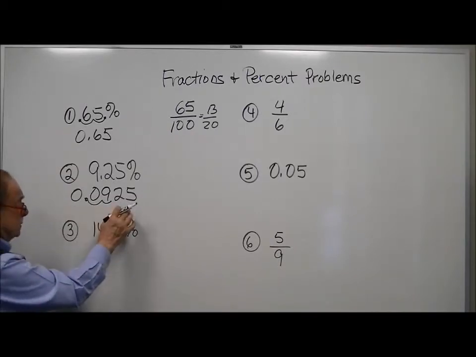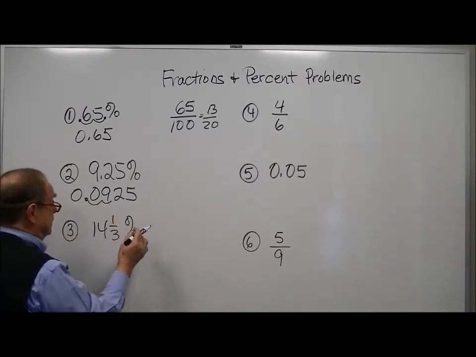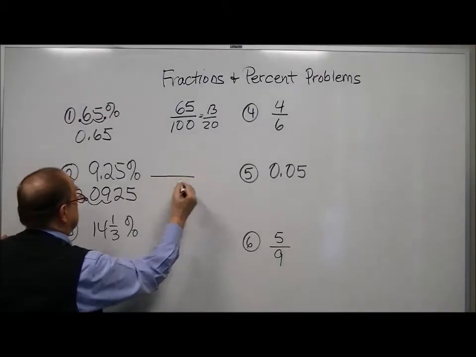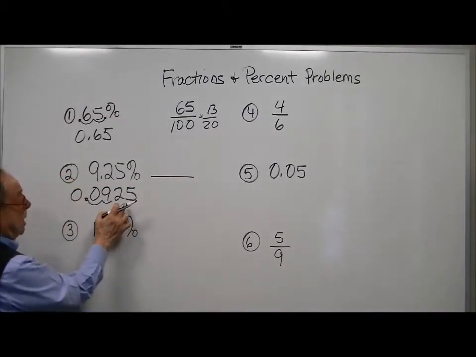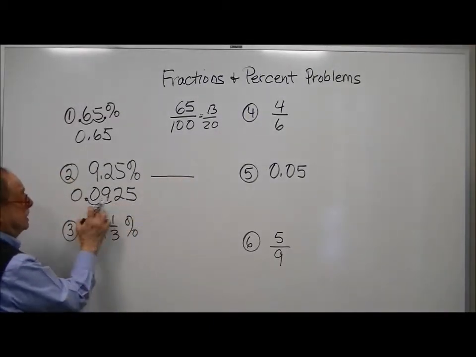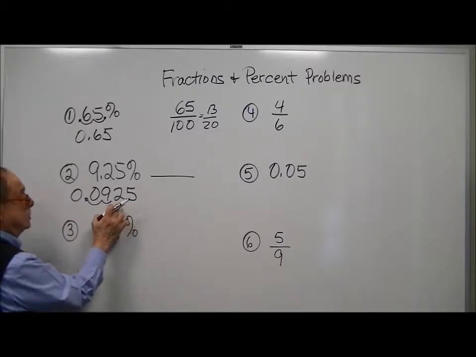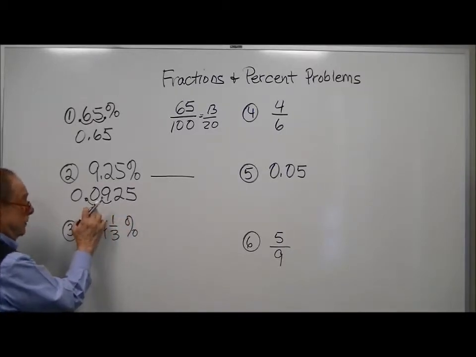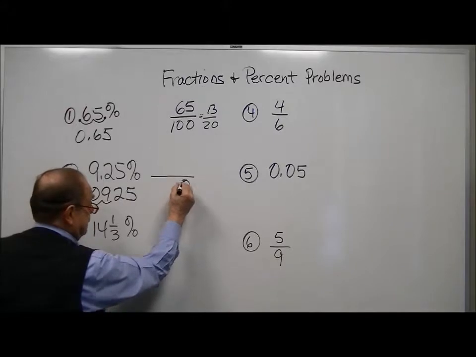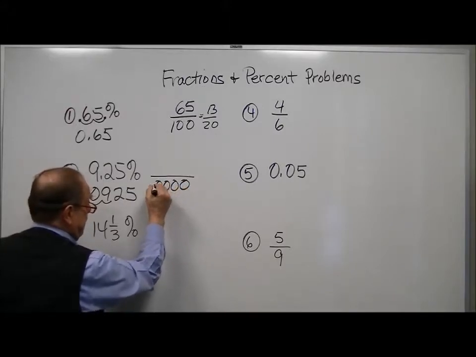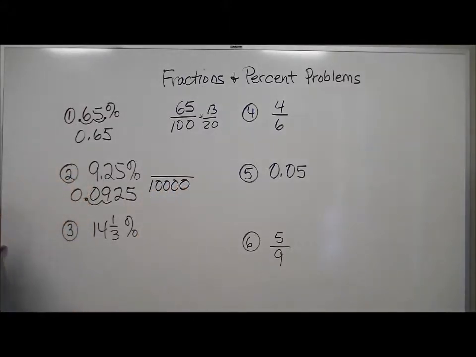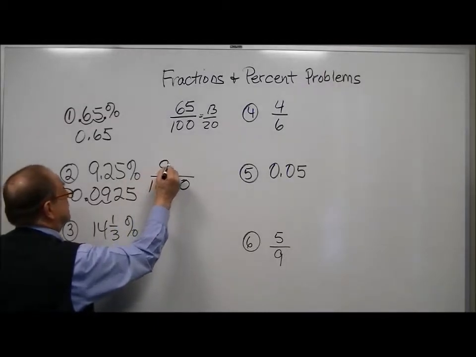Now to convert this to a regular fraction, how many places do we have in its decimal form? Well, 1, 2, 3, 4. So you will need 4 zeros and a 1, and just put this up on top.